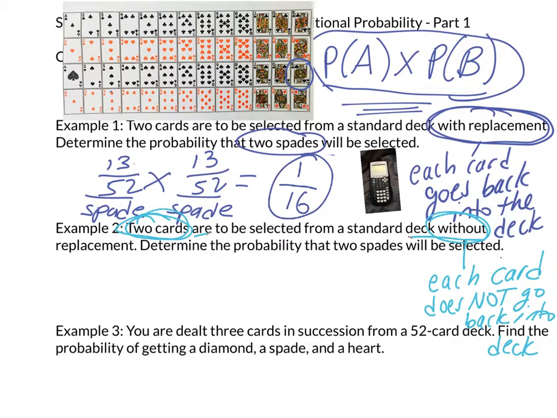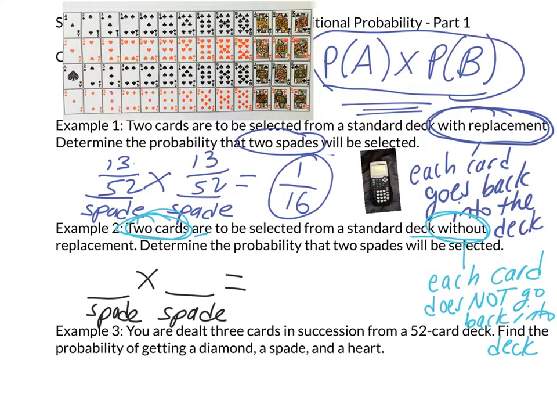And we said I'm going to draw my underlines whenever I'm multiplying. And we're looking for a spade followed by another spade. Okay, so without replacement is always going to be a little bit trickier than with replacement. So we're going to take our time.